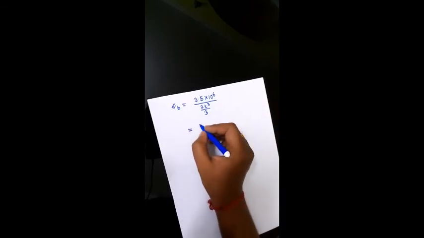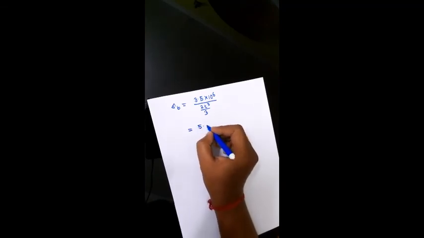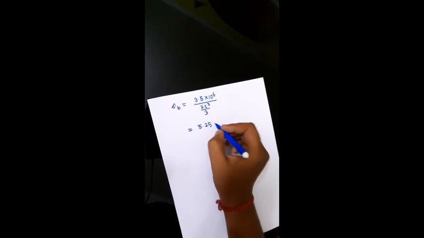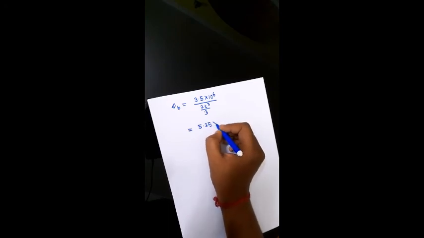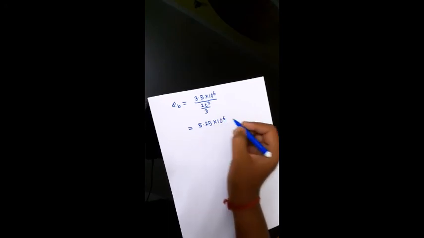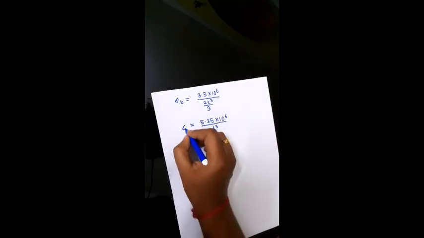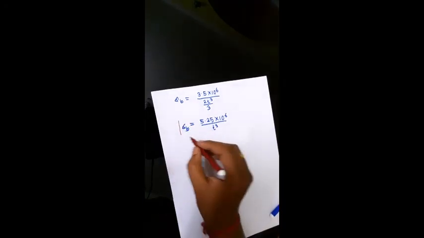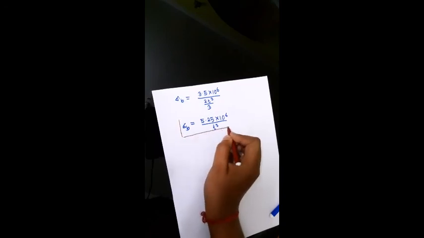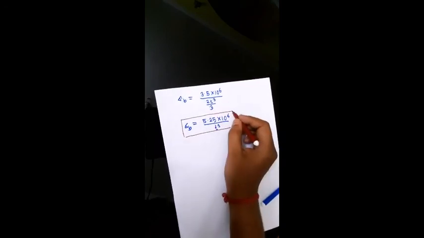So if we simplify this, this will become 5.25 into 10 to the power 6 by t cube. This will be our value of sigma b. We can take this as equation number 2.